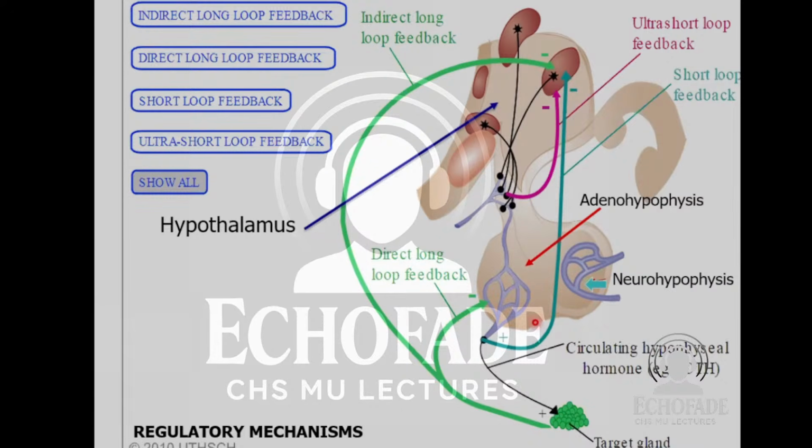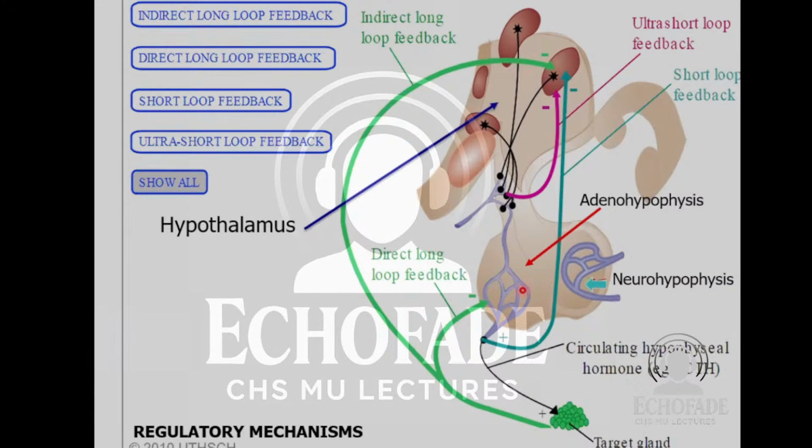And then for the long loop, where we have the target organs, let's say the testis or the ovary, produces the hormones, and those hormones can influence the hypothalamus, which is supposed to be stimulating the production of those hormones by the hypophysis.